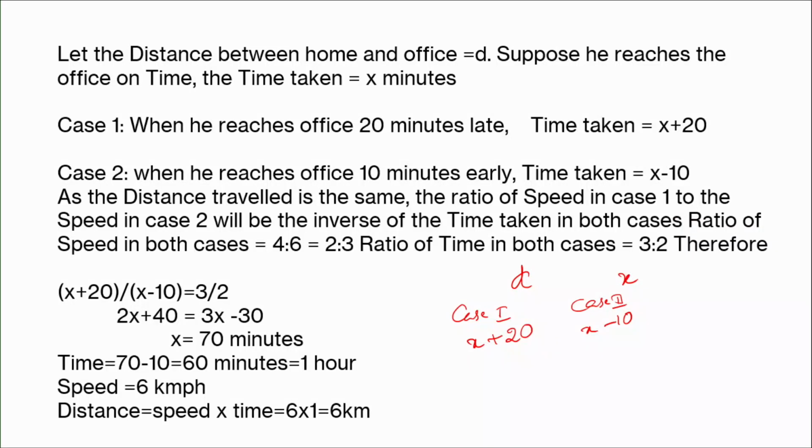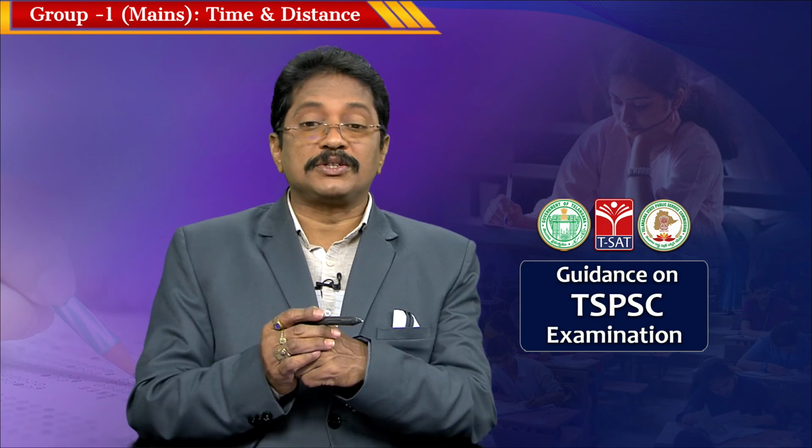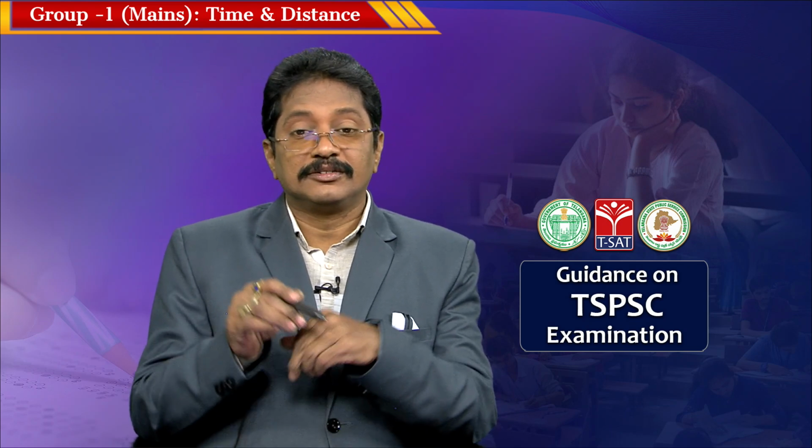First one is how much? 4 km per hour. Second one is how much? 6 km per hour. The ratio is how much? 4:6 is 2:3. This is the ratio of velocities or speeds. This is equal to the inverse of the ratio of time.